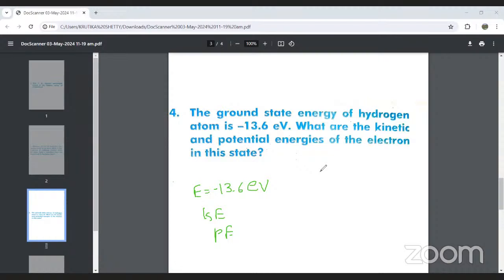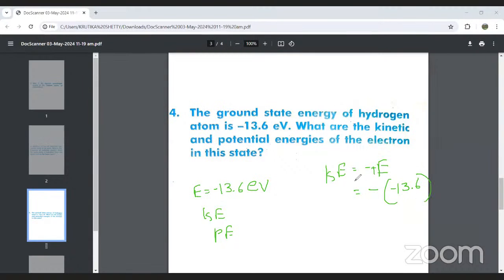Okay, so we know that the kinetic energy is equal to minus of the total energy. So it is minus into bracket. What is the energy value they have given? It is minus 13.6.